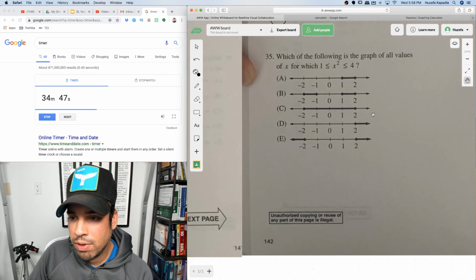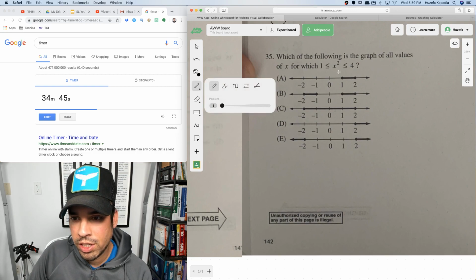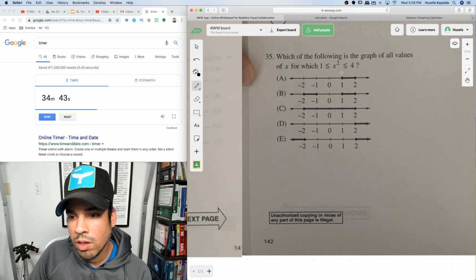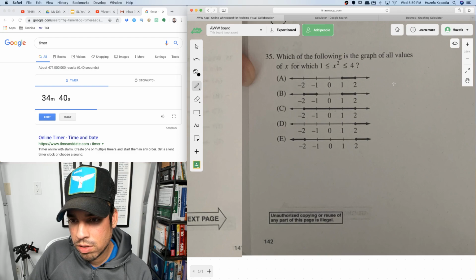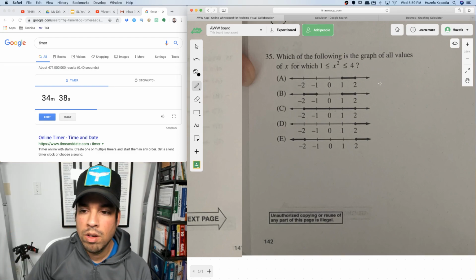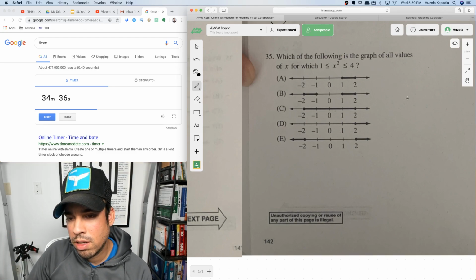Which of the following is the graph of all values for which x squared... Let's take the square root. Square root of both sides. And wait a minute. Now let's separate it out. X squared is less than or equal to 4.